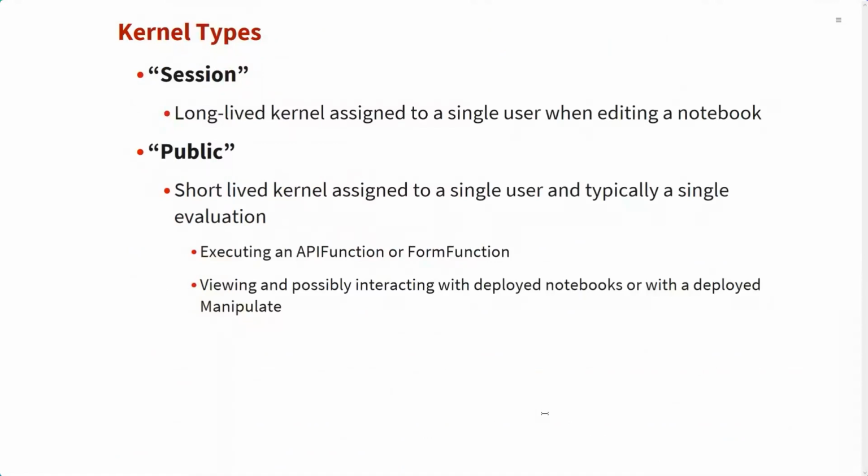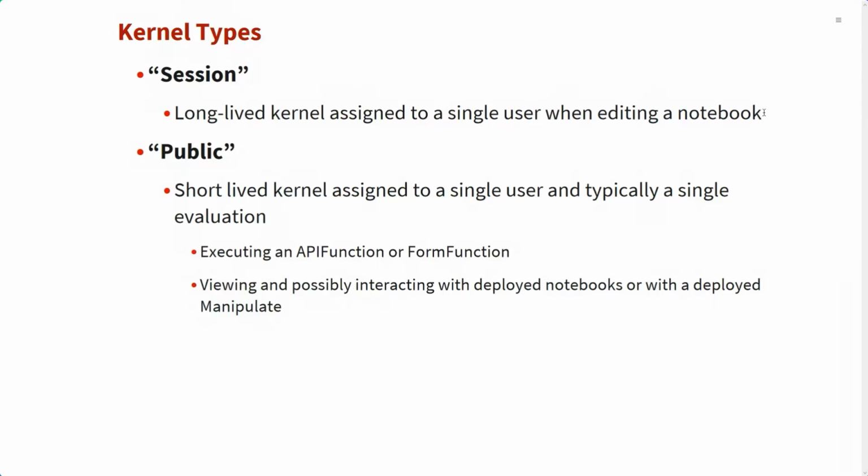Another key concept to talk about is the kernel types. So there are primarily two kernel types in the public cloud, what we call session and public. A session is a long-lived kernel assigned to a single user, typically when you're editing a notebook.